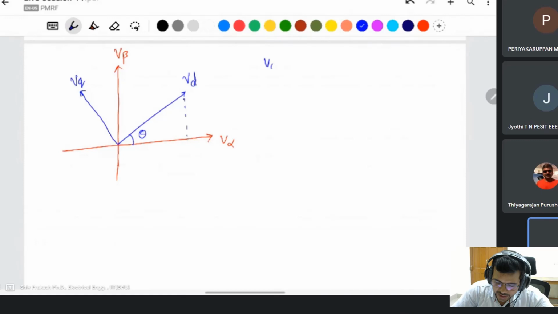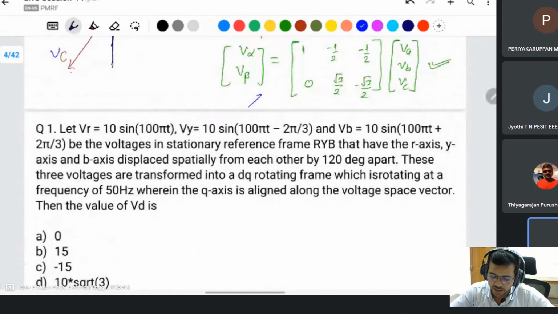Then how to calculate VD and VQ? From alpha beta, V alpha and V beta, you have already calculated the V alpha, V beta here from the ABC.